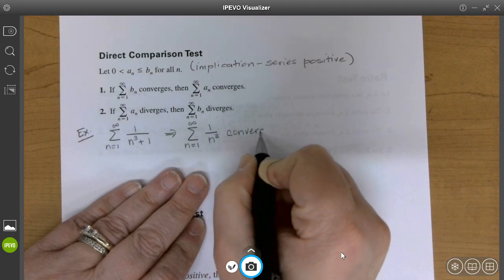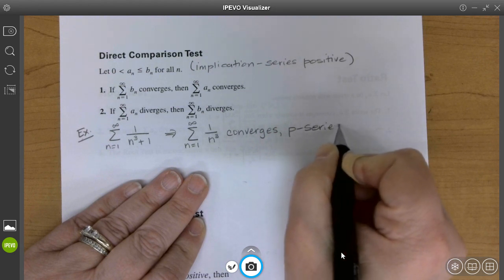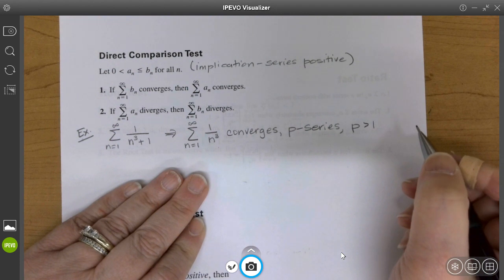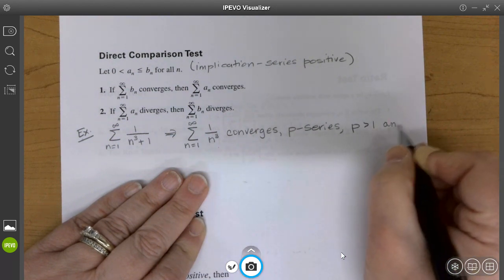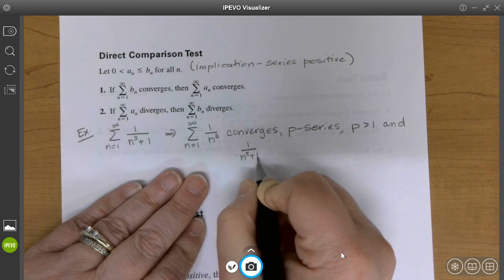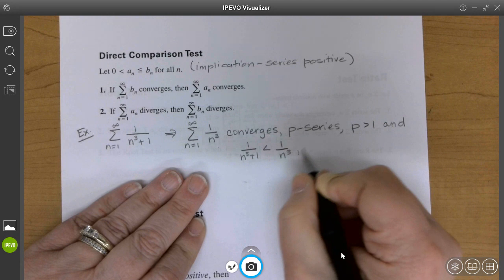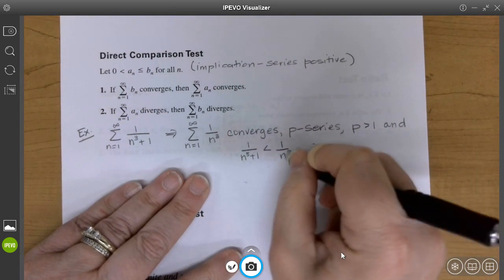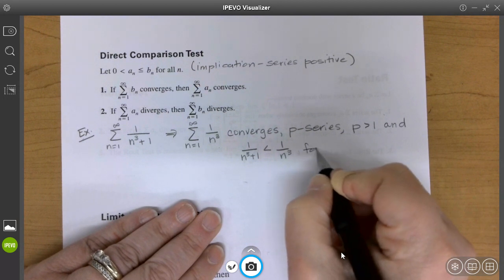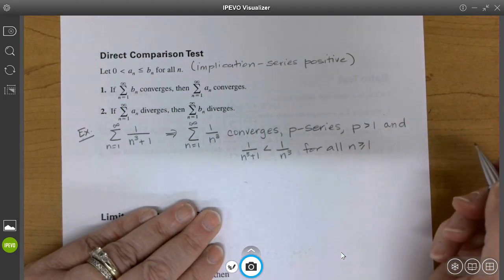this one converges because it's a p-series with p greater than 1. And what else do we know? We know that 1 over n cubed plus 1 happens to be less than 1 over n cubed, and we should state for all n, for all n greater than or equal to 1 here.